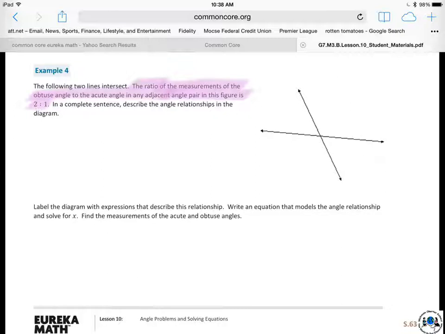Here's some more language. Hopefully you know obtuse. Obtuse angles are the angles that are greater than 90 degrees. If we were to make some 90-degree angles here, and this was a straight line, I could probably do something like that.